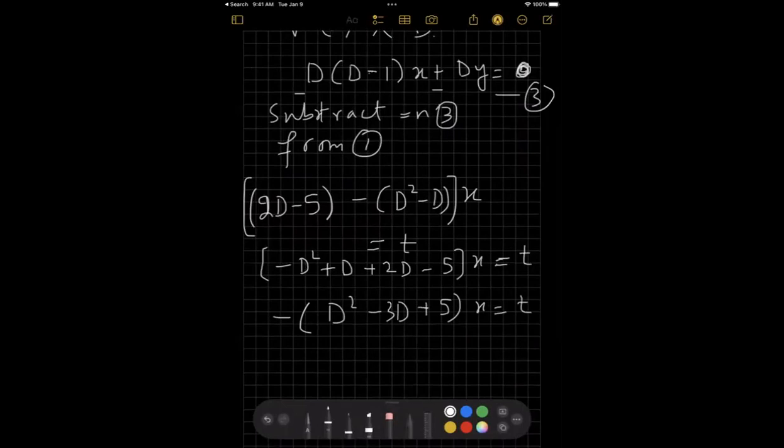Now what we will do here? We will find xc and xp, our homogeneous component and particular component.